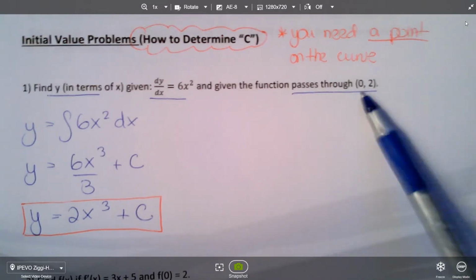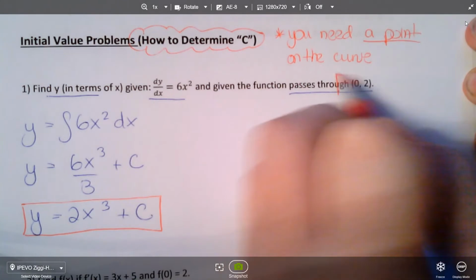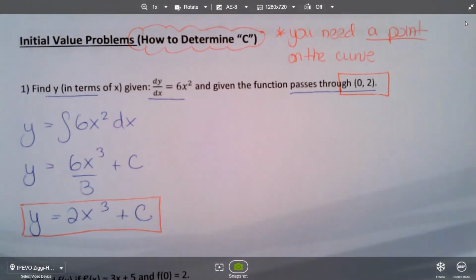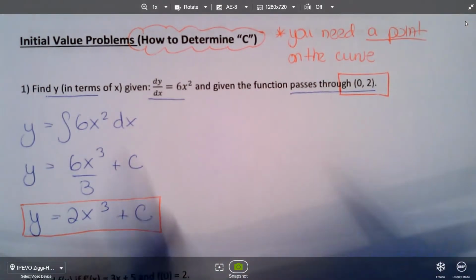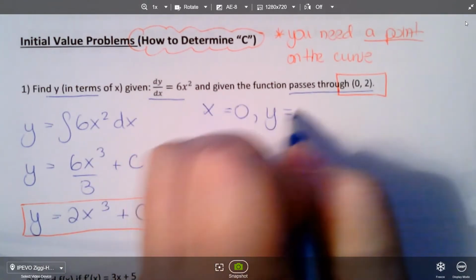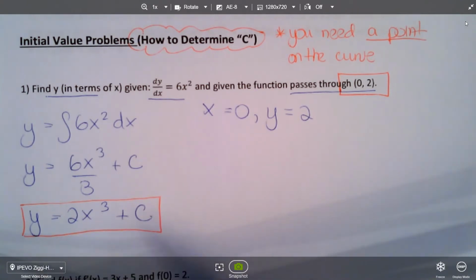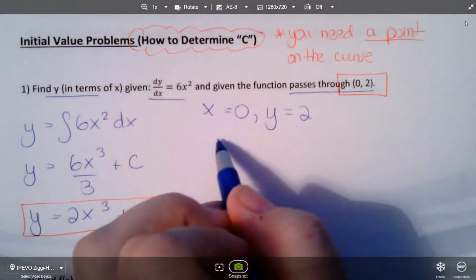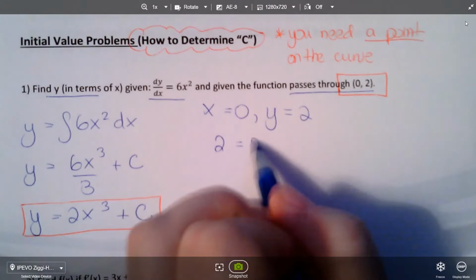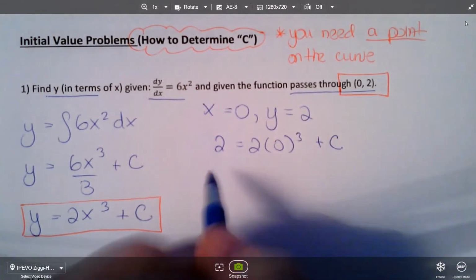But if I know a little bit more about the function, that it's passing through 0, 2. So if I know that when x is 0, y is 2, that allows me to sub into this point and find my c. So if I use that, I get 2 equals 0 cubed plus c.